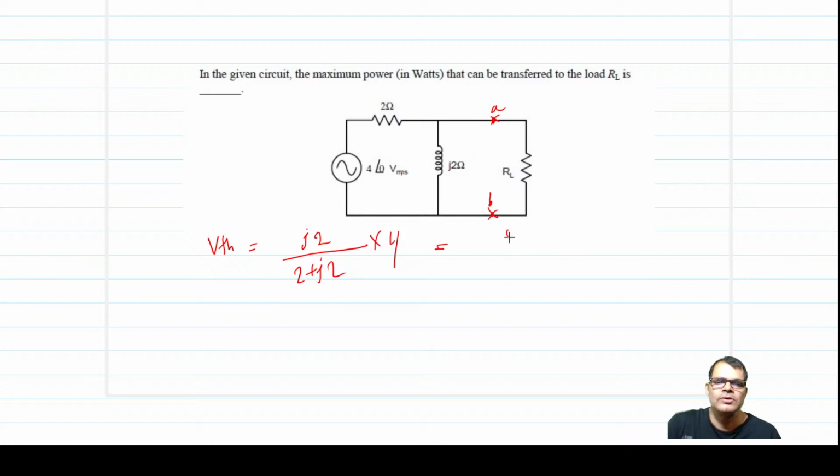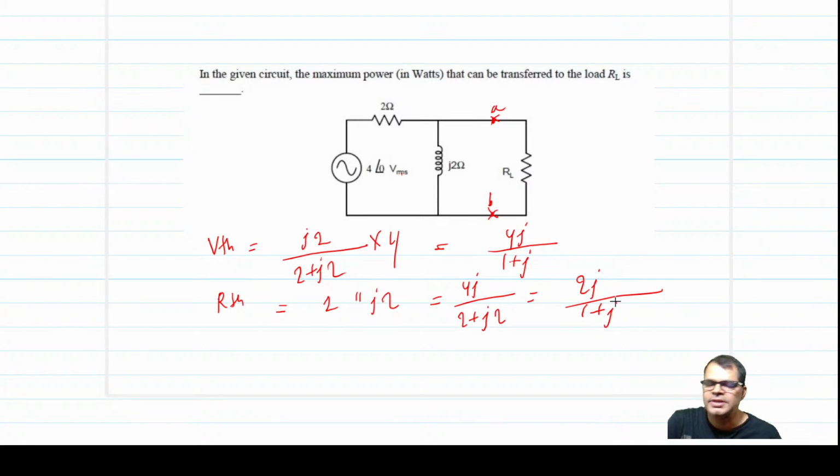So 4j upon 1 plus j. What is your RTH? RTH is equal to the parallel of 2 ohm and j2 ohm, that is 4j upon 2 plus j2, that is 2j upon 1 plus j.